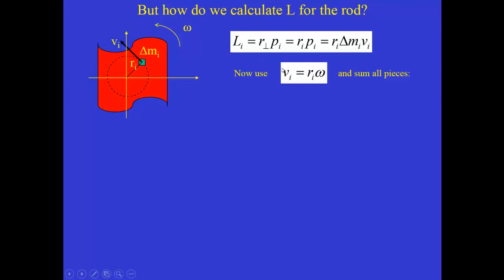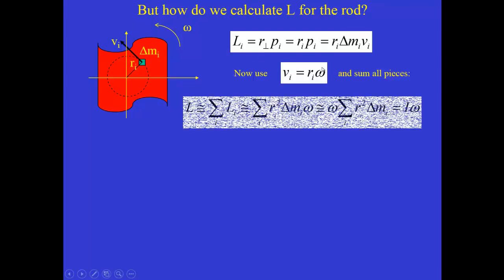Now let's substitute v is equal to r omega, and then sum up the contribution to the angular momentum from all of the pieces of the object. So L sub i is now r sub i squared times delta m times omega, right? And we add up the contribution of all those pieces. We can simplify this because omega is the same for every point on the object. If it's a rigid object, omega comes outside the summation, and lo and behold, look at this summation.